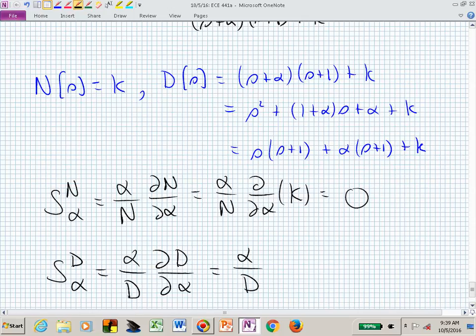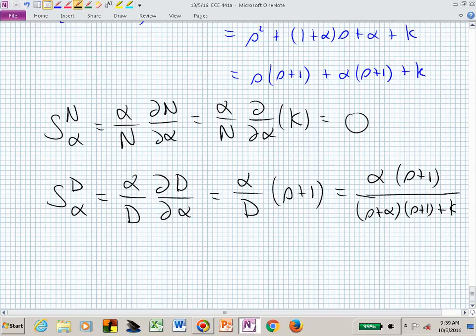Alpha over D, partial of D with respect to alpha. And now if we take the partial of that last formula for D of s with respect to alpha, what falls out? The factor s plus 1, just differentiating D with respect to alpha. And D was this, let's say, (s plus alpha)(s plus 1) plus K from before, so that it'll start to look similar to what we had before.